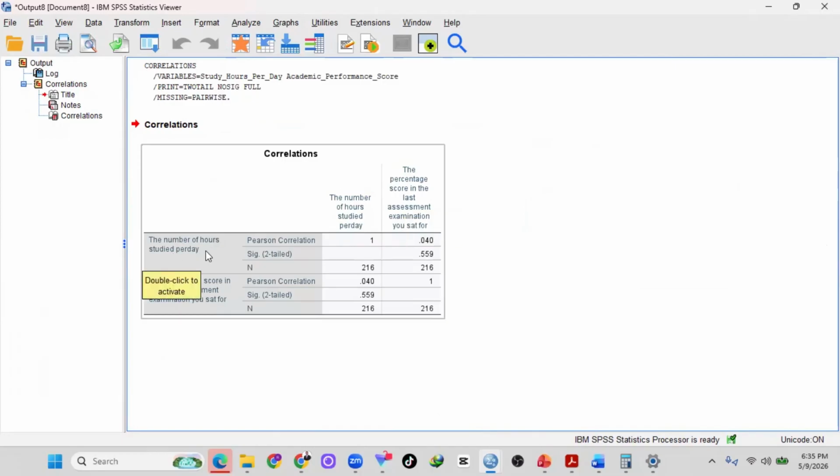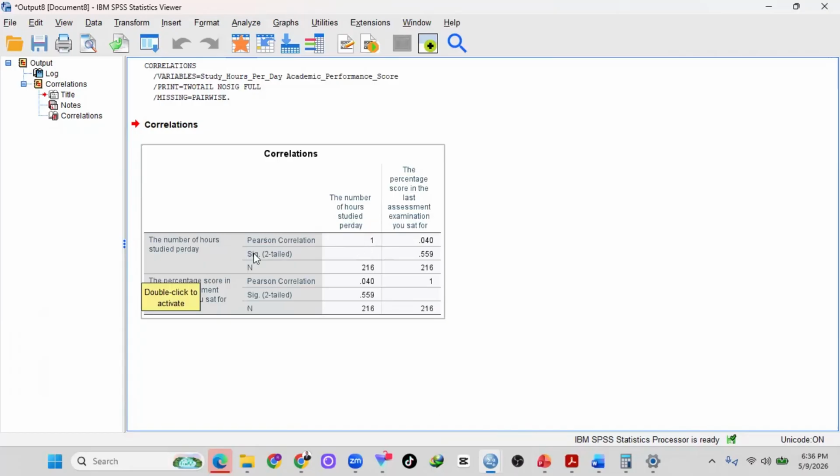You'll see that the column which has Pearson correlation indicates the correlation coefficient. So you see that there is a correlation coefficient of 1 here. It means that the number of hours and the number of hours have a perfect correlation just because they're the same thing. So that makes sense.